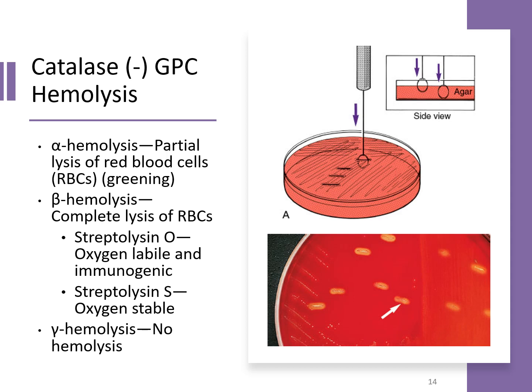When you're setting up this culture, when you do that streaking technique, and several of those streaks, you will take your culture loop and actually stab the agar deep down into that agar several times and in several different spots.